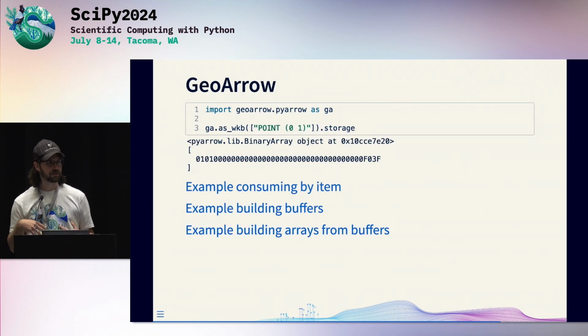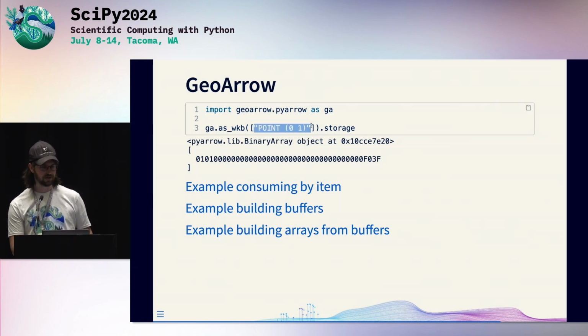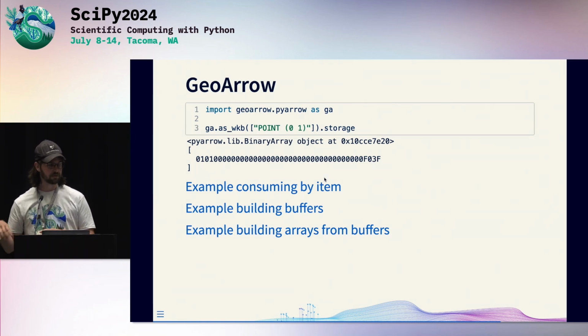GeoArrow, again, this is one of the things that I love doing. I love writing parsers. So I wrote this well-known text parser so I could write tests for all my geospatial compute functions. It takes this Arrow array of strings, does its computation, builds up some buffers, and then assembles them again and ships out Arrow.